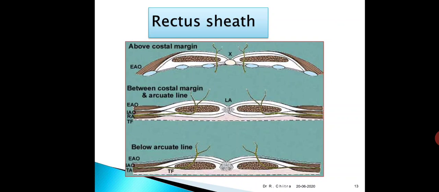Anteriorly it is formed by the aponeurosis of the external oblique and the anterior lamella of the internal oblique. The posterior wall is formed by the posterior lamella of the internal oblique and by the transverse abdominis aponeurosis in the middle part. Below the arcuate line, all three aponeuroses pass anteriorly and the rectus abdominis muscle rests on the fascia transversalis.